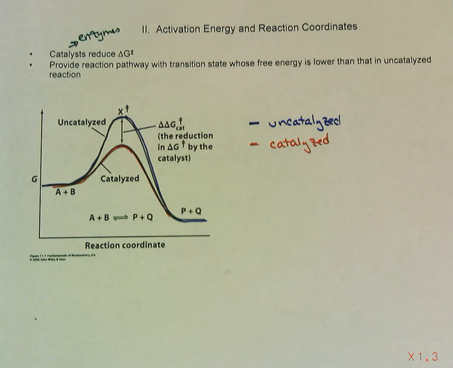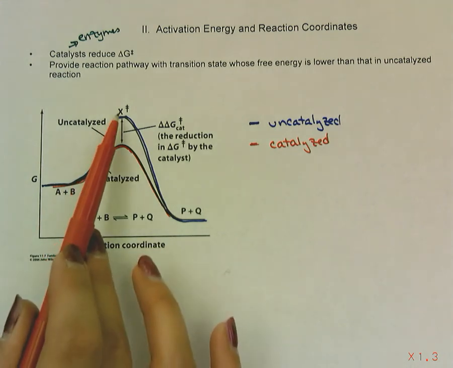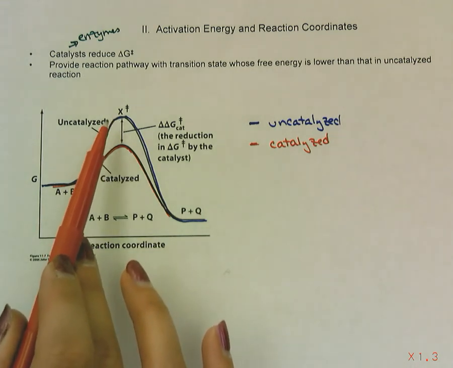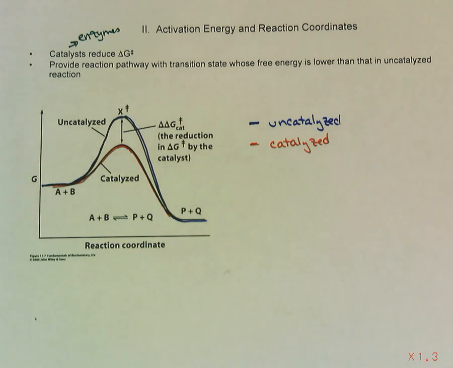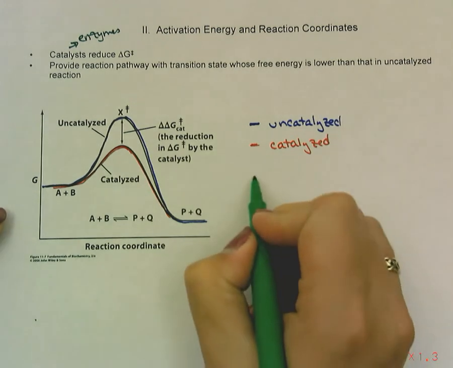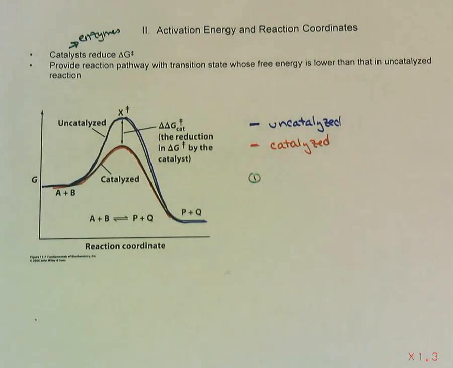Okay, so the top one, my blue, is the uncatalyzed reaction. So that's just the reaction all by itself, just happening. The lower one is going to be my red one, and that's going to be my catalyzed reaction. So let's ask some questions about this.